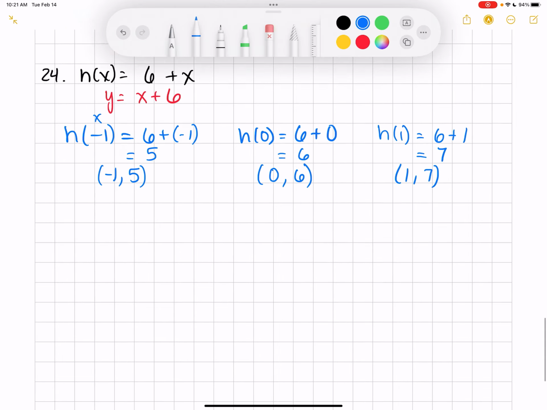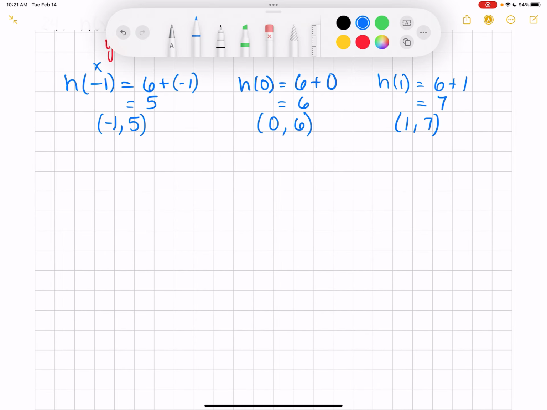Now, my guess is you probably like the slope and y-intercept method better because it's not so much work. But anyways. All right, so at -1, I have a point at 5, so -1, 1, 2, 3, 4, 5. At 0, 6, 1, 2, 3, 4, 5, 6. And at 1, it's 7, so 1, 2, 3, 4, 5, 6, 7.